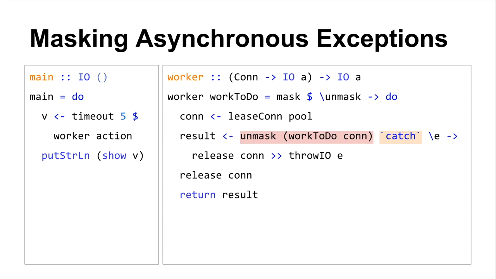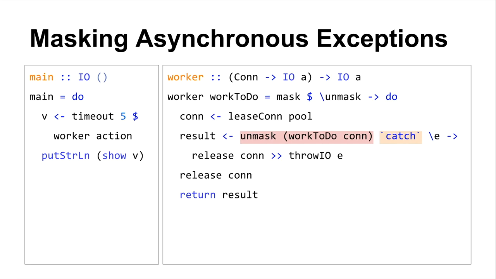Catch would catch an asynchronous thing if work to do was the expression being evaluated when it was thrown. If the question is, if I were not using mask, and someone threw an asynchronous exception here, could I use catch? The answer is yes. For instance, I had an example earlier where I was sleeping on the right-hand side, and I timed out that sleeping thread on the left-hand side.